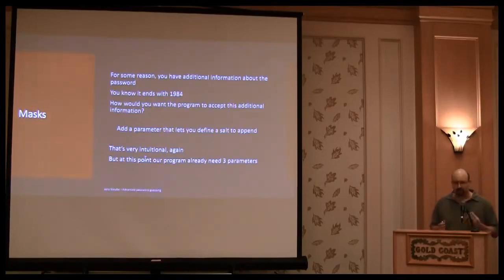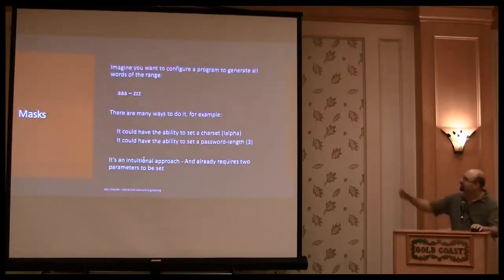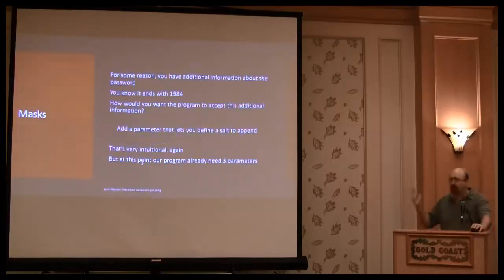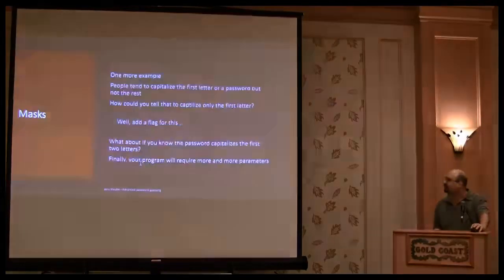So you would need another option, in that case the option to add a sort to the password. And so at this point in time you have 3 parameters. You need the char set, you need the length, and you have the sort. So this is still intuitive, but you have already 3 parameters.